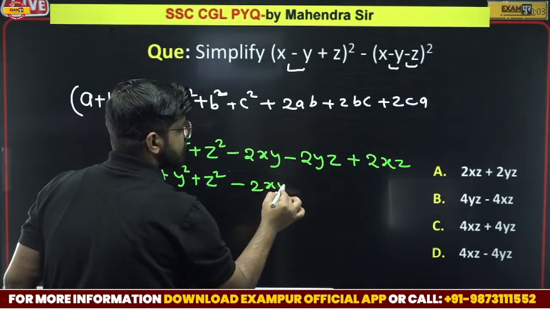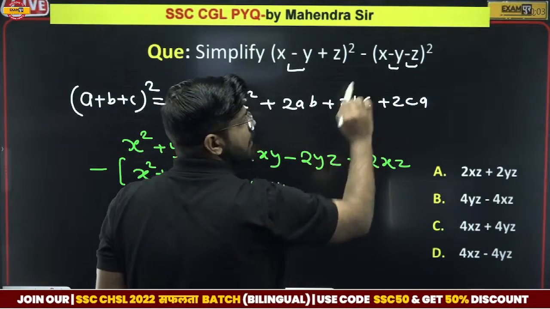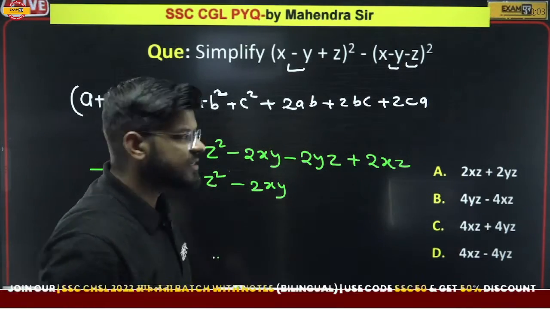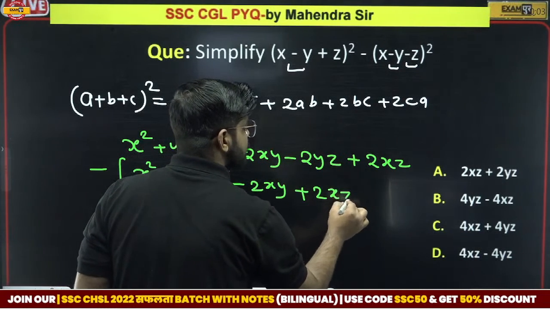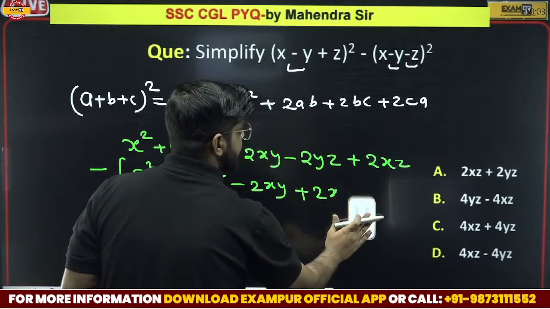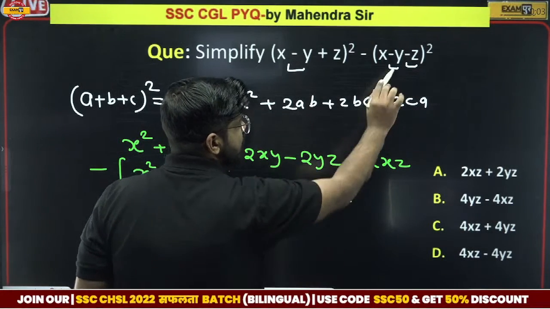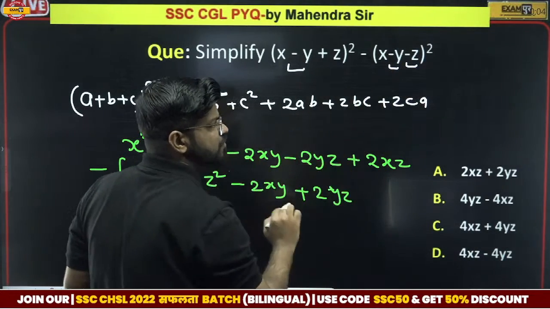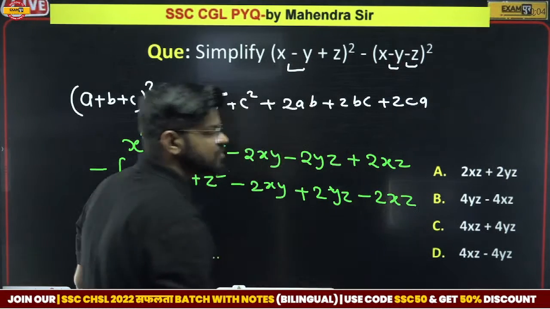For minus y and minus z, they get multiplied and give a positive result, that means plus 2yz. Then again z negative and x positive, that means minus 2xz.